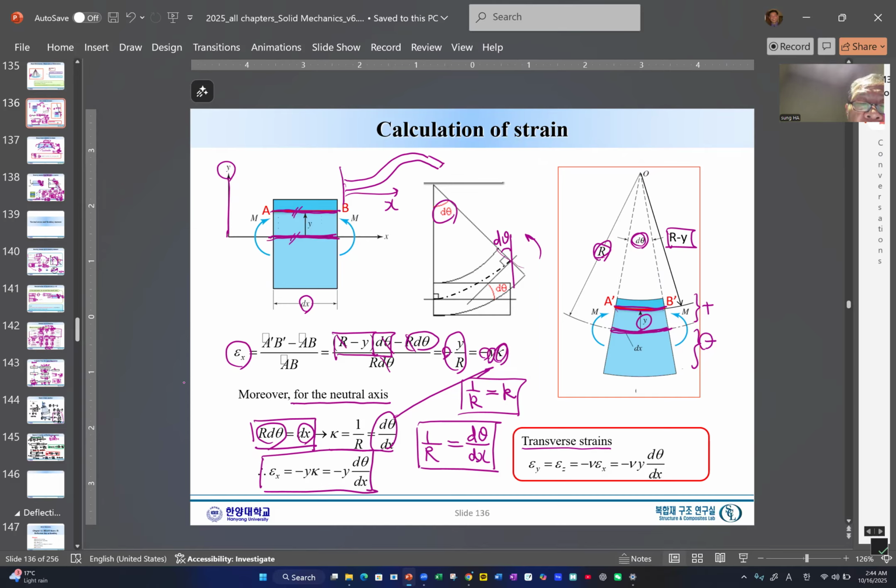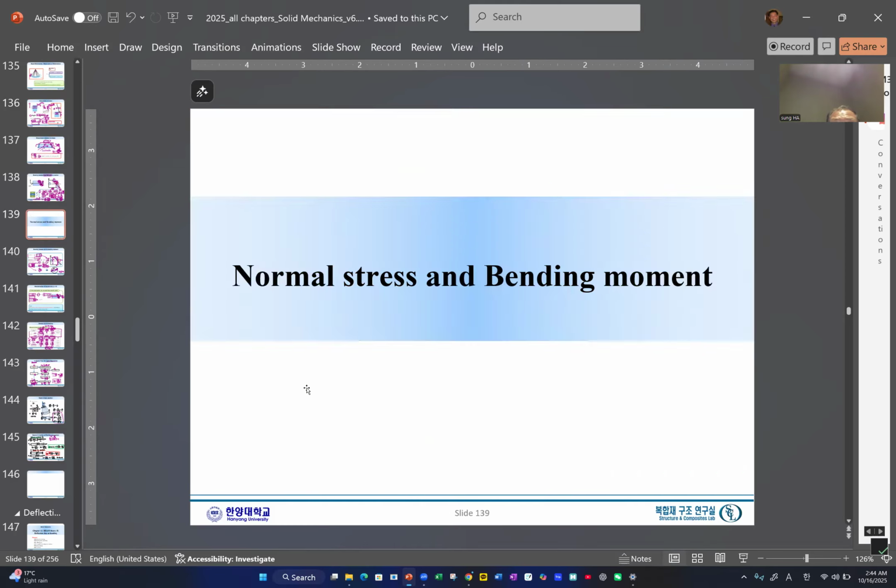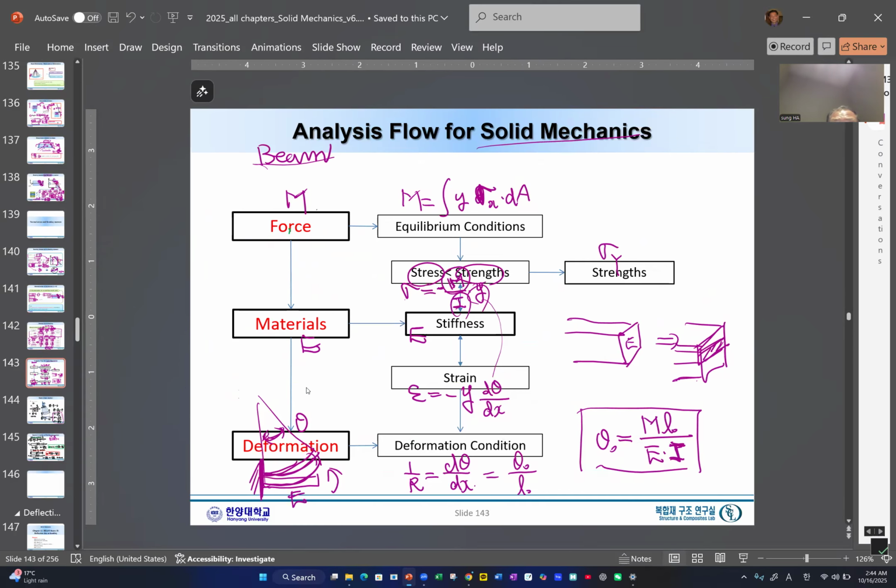So always the rotation here. So this can be a theta zero and this is a theta zero when moment is a constant. Okay, so moment constant, and this is a theta and this is a theta. I should emphasize that point.